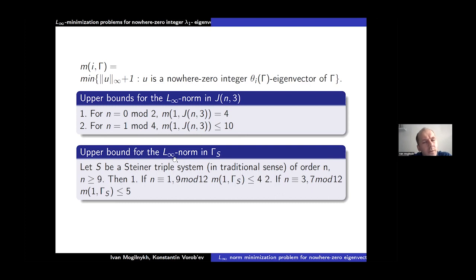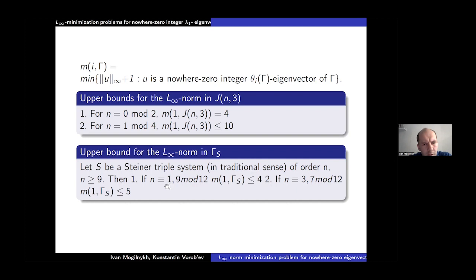As for the infinity norm in the block graph of Steiner triple system, in the traditional sense, we have the following. Let S be a Steiner triple system of order n, where n is not less than 9.